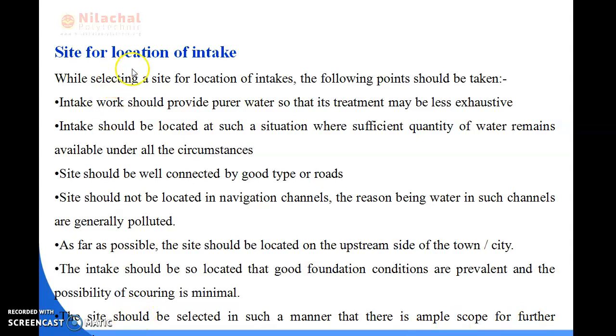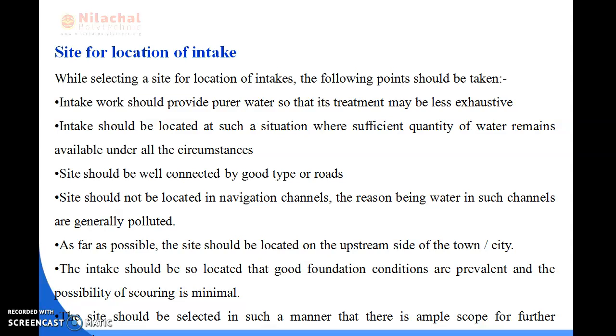Okay, so we can say that in the location of the intake, first we have to take a place where a sufficient quantity of water is available, and while we are constructing an intake structure, the site should be well connected with good roads.